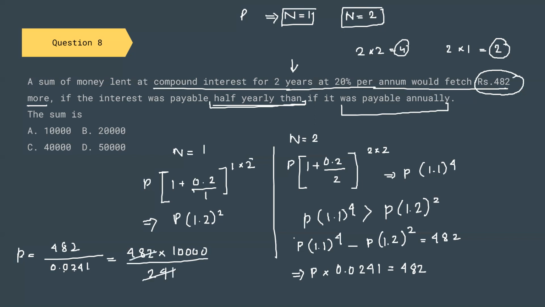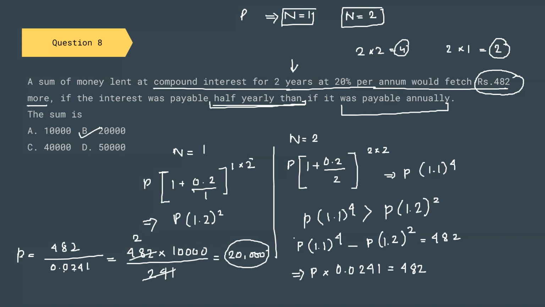And 241 into 2 is 482. So the final sum is 20,000 rupees. So the principal amount is 20,000 rupees. I hope this was easily understandable.